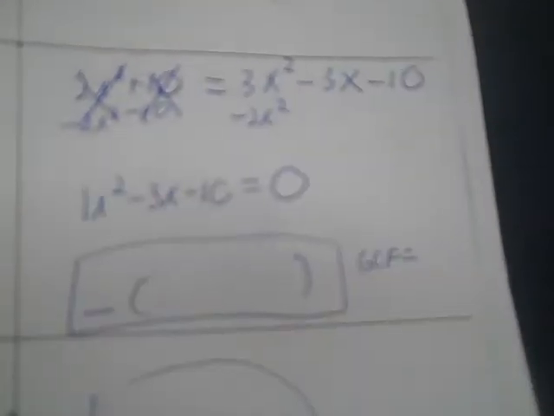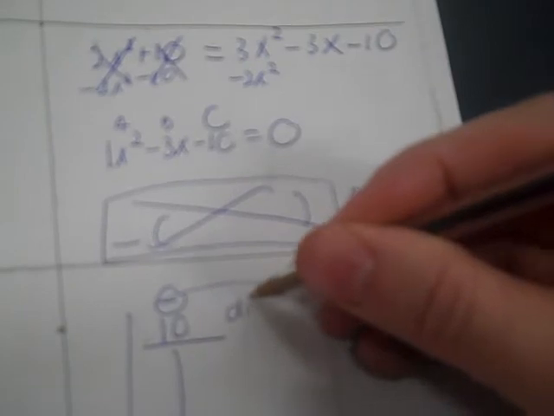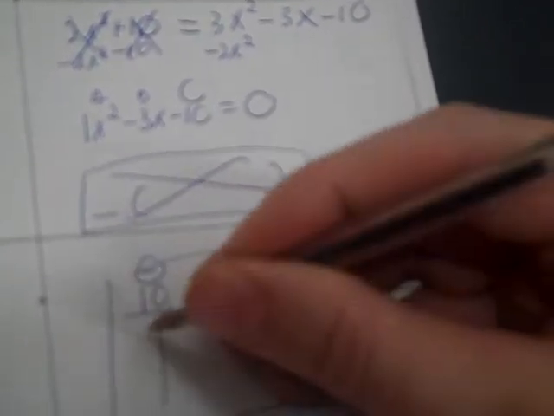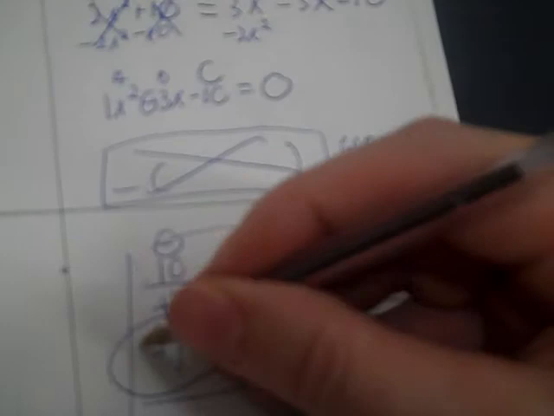So that would be GCFT. So GCF, negative, no. You got x and everything, no. No GCF. So 1 times negative 10 is negative 10, searching for a difference of 3. There it is, okay. So my 3 is minus, so we're going to have minus 5, and if it's a difference, they got to be the opposite, plus 2 minus 5.